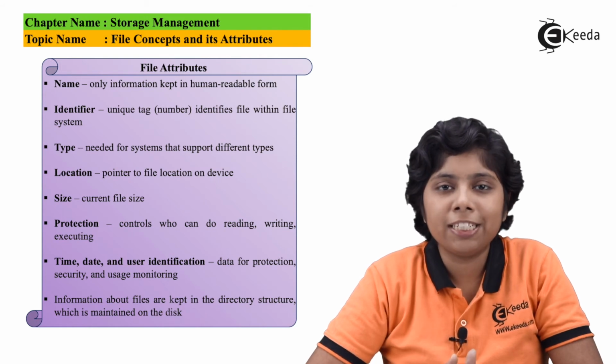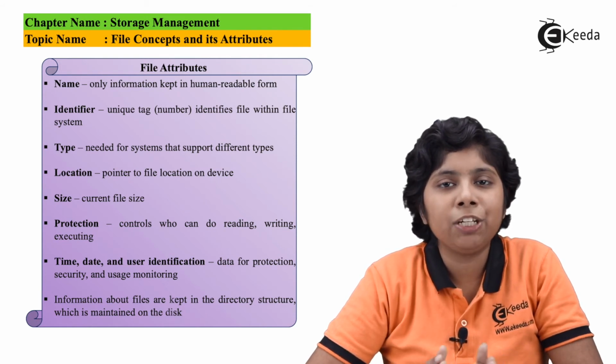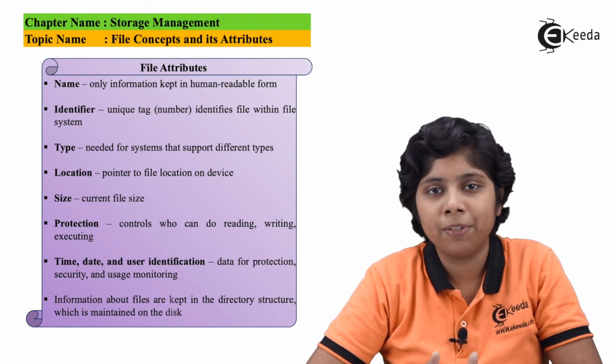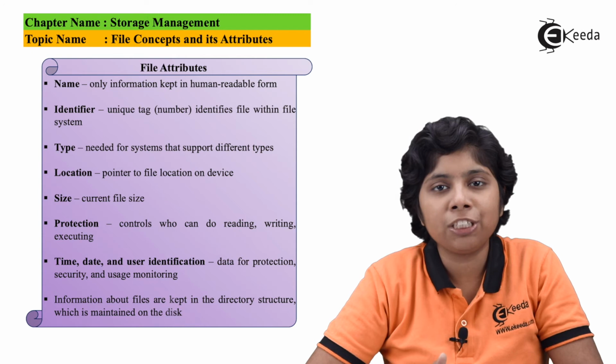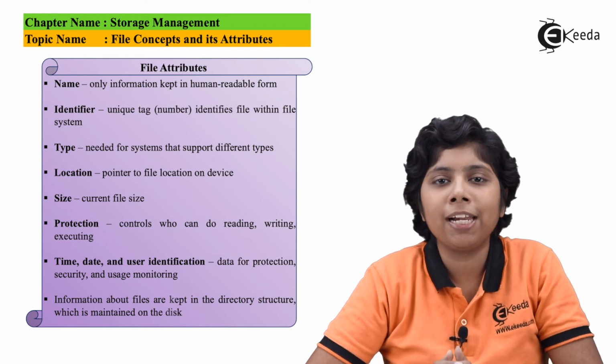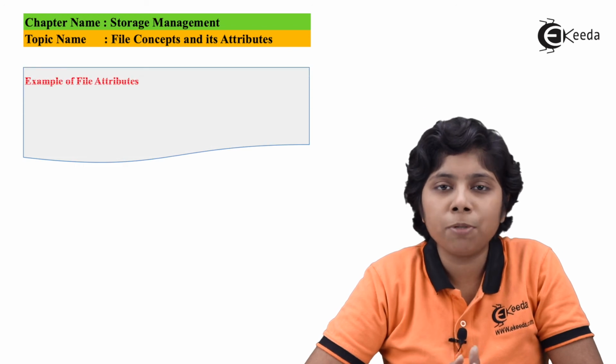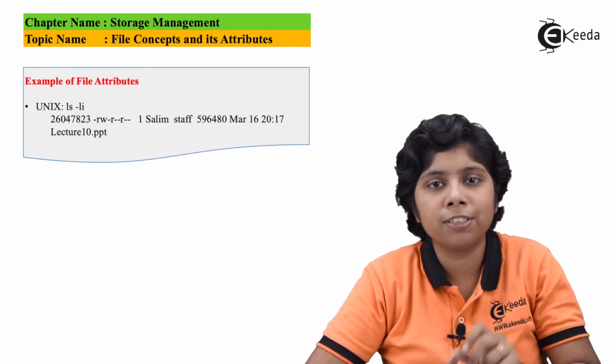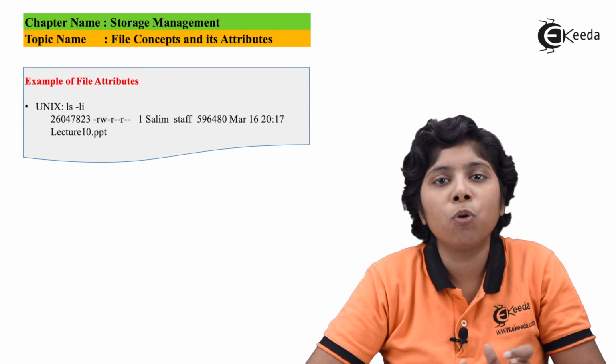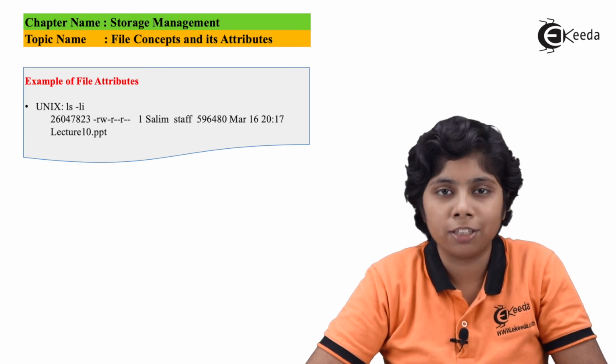The directory contains the file name and the unique tag that is used to identify the file within a file system, and in turn the file identifier locates the file on that device. The file name and this information for a file of a particular size can take more than a kilobyte in a directory structure.